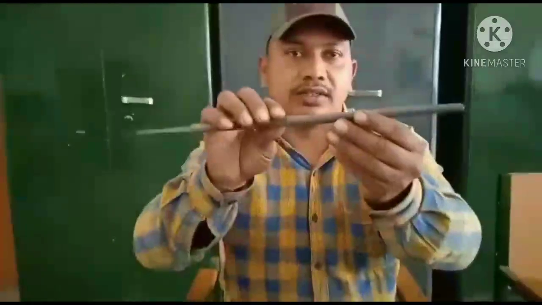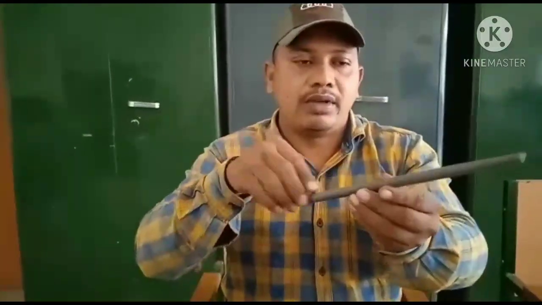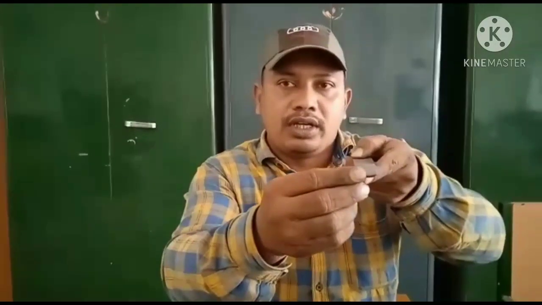Round file: its cross section is round, so it is called round file. Half round file: its cross section is half round, so it is called half round file.